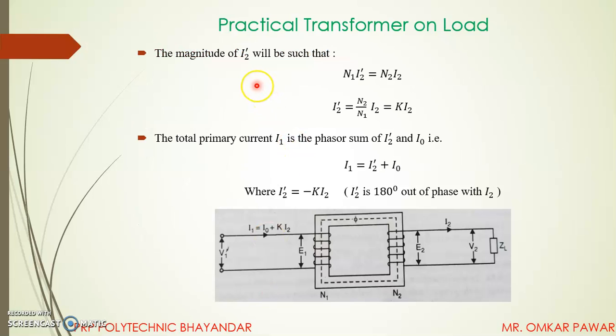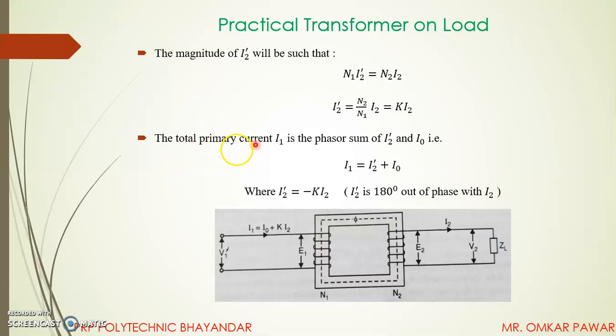So the magnitude of I2 dash will be such that I2 dash means counterbalance current. So N1 I2 dash is equal to N2 I2. So I2 dash will be N2 by N1 times I2, that is K times I2.